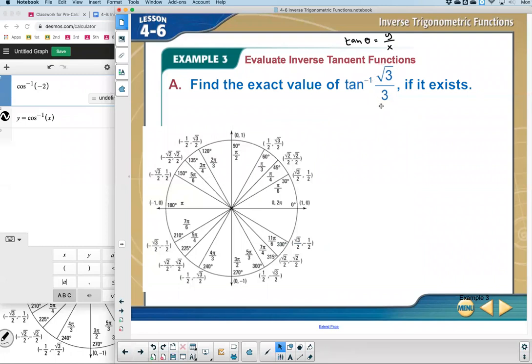Most of the times when we reduce the tangents for most values, you will not end up with a value that appears on the unit circle. So some students might be like, well, wait a minute, I know tangent is y over x. So the inverse of tangent, that's my y value. So there it is right there. There's the y value of square root of 3. Well, there's one problem.